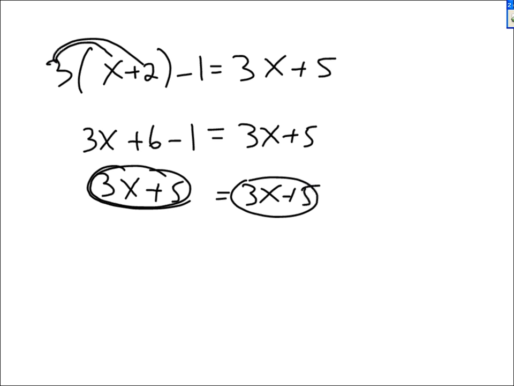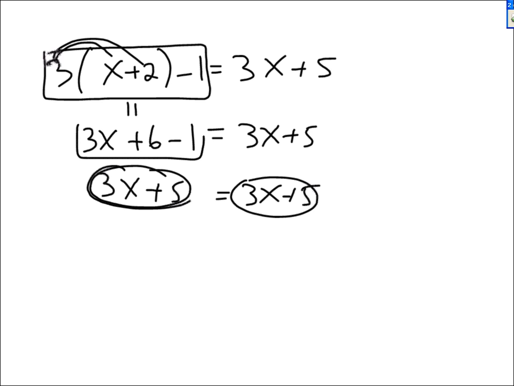But this last line is exactly this line. I didn't add or multiply to it. I just distributed. They're the same. This first equation is the same as this one, which is the same as the last one. Okay, so this is identity.